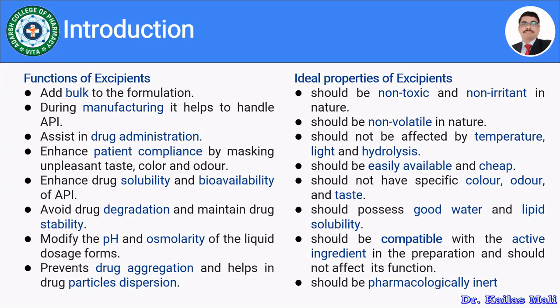Sometimes this is required, if we are using it as a coloring agent, flavoring agent, or to give a particular taste, and in such cases it's fine. But in certain cases, the excipient selected should not have a specific color, odor, or taste.